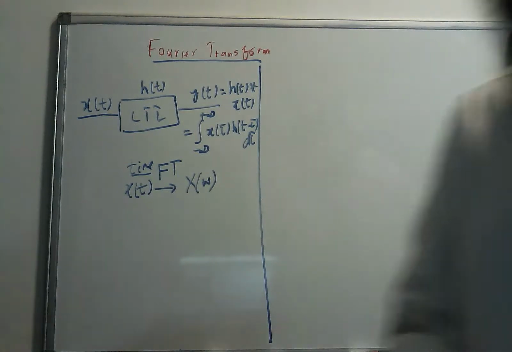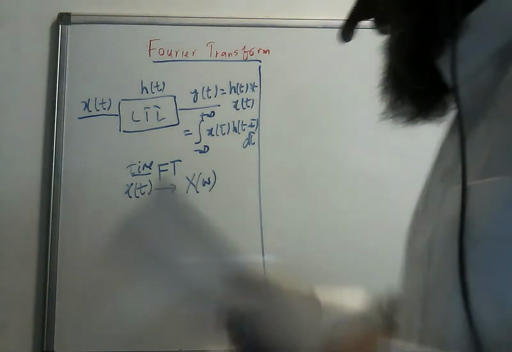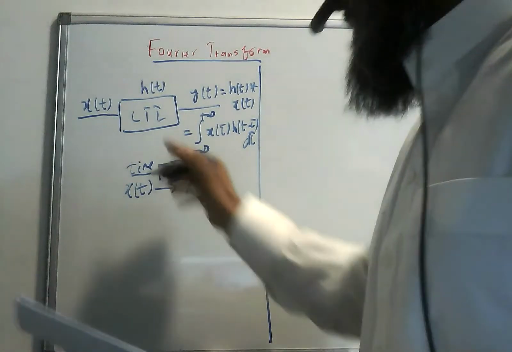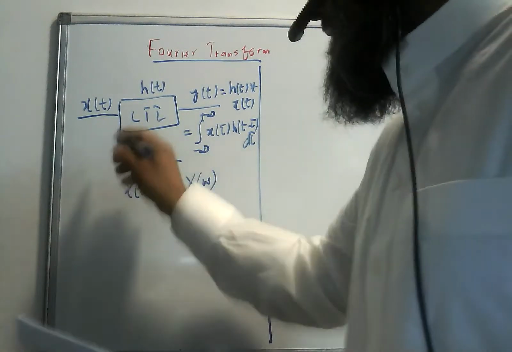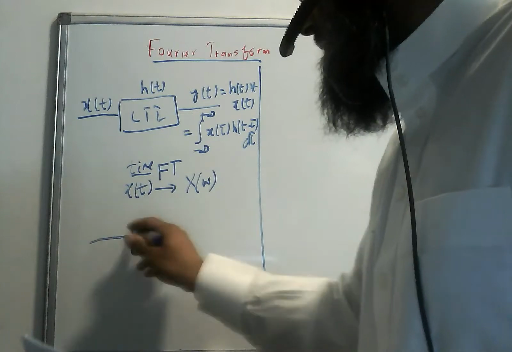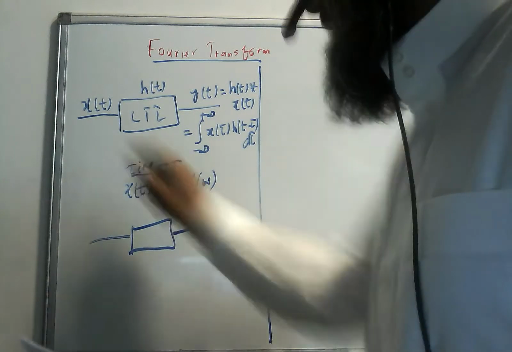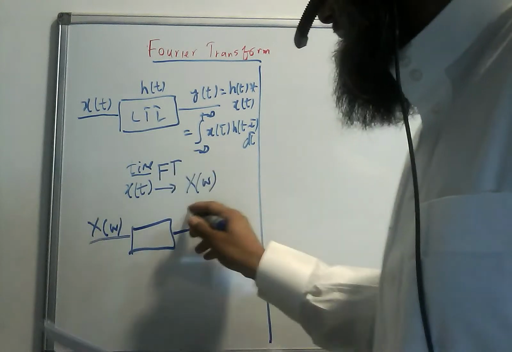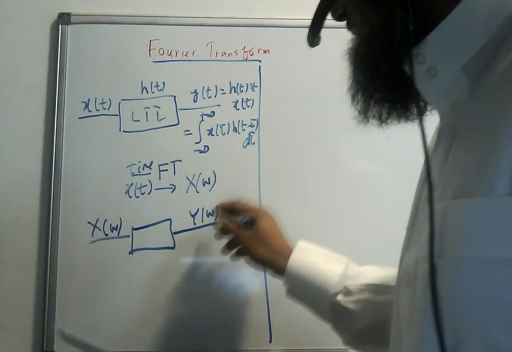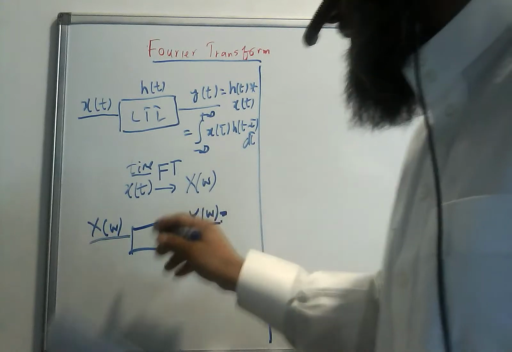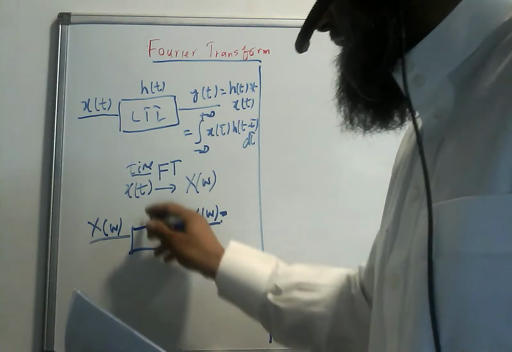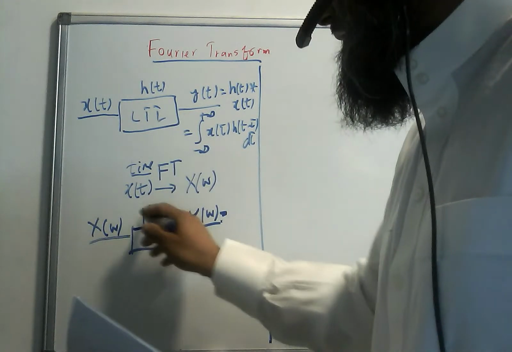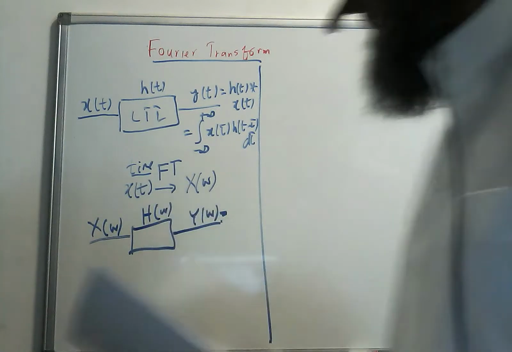Now, if my signal is in frequency domain and I need the output in the frequency domain again, I also need the h in frequency domain.